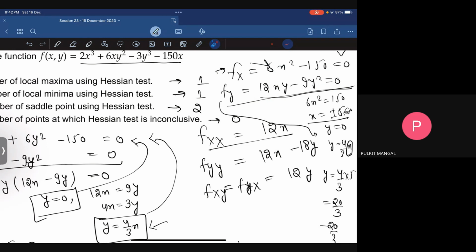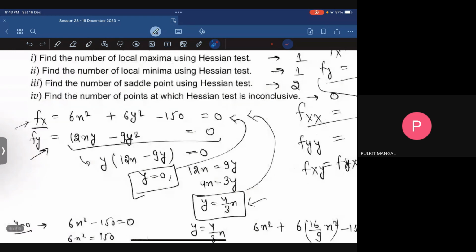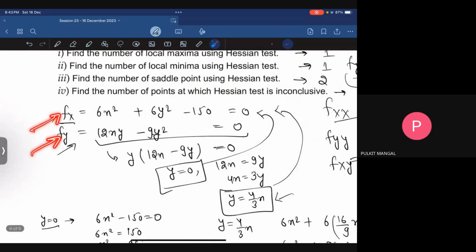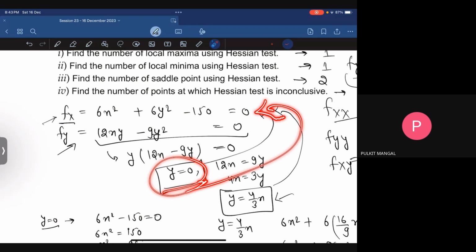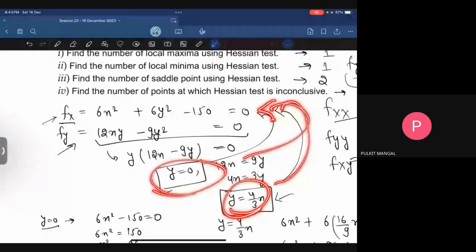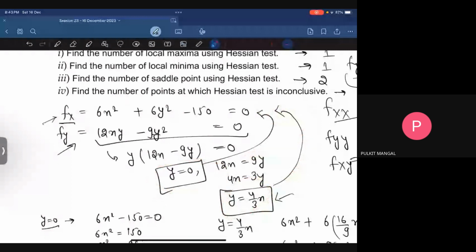But if both equations are related to each other, like here, and you got one value of y, then you need to put that value of y and get the solution. Now if we got only one value of x from both of them, then you will get only those points as the solution.